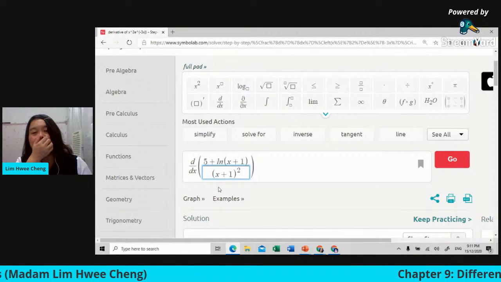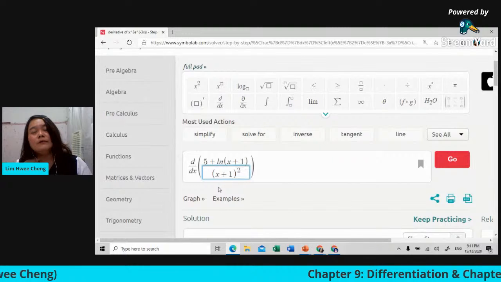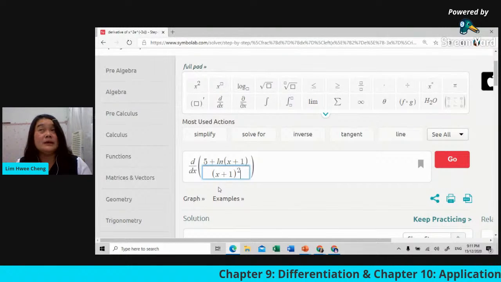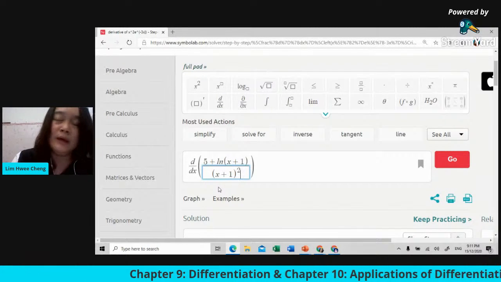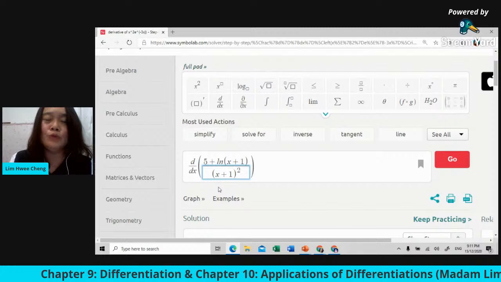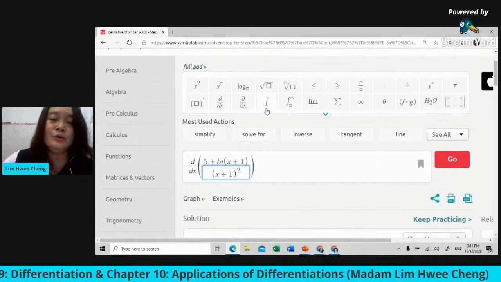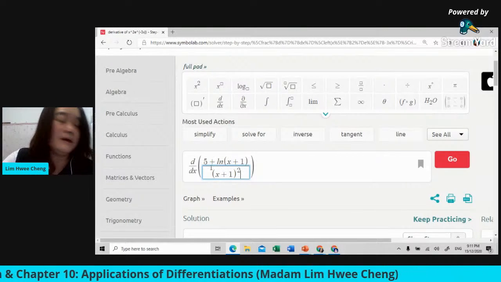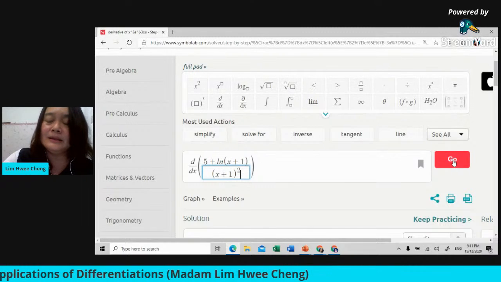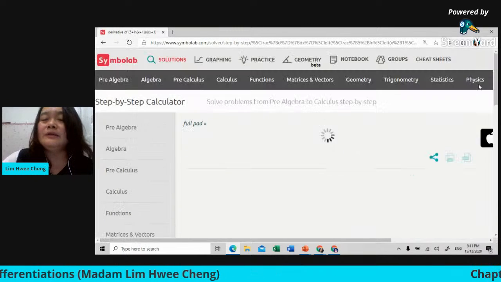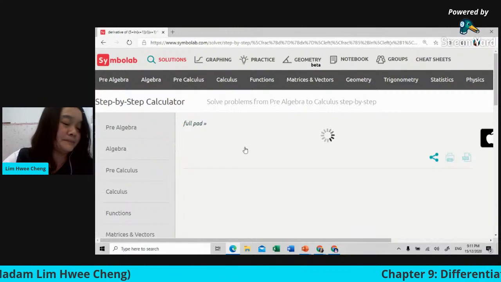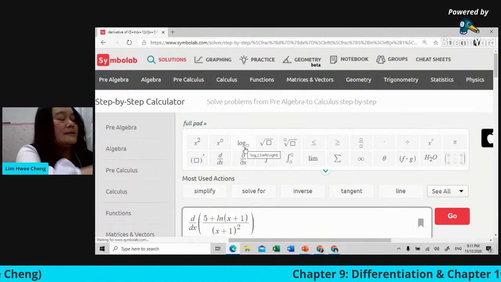So basically, if you want any kind of derivative, no matter if it is power rule, product rule or chain rule, whatever, you may use this. You just type the function exactly, press the go button, and we check the answers.